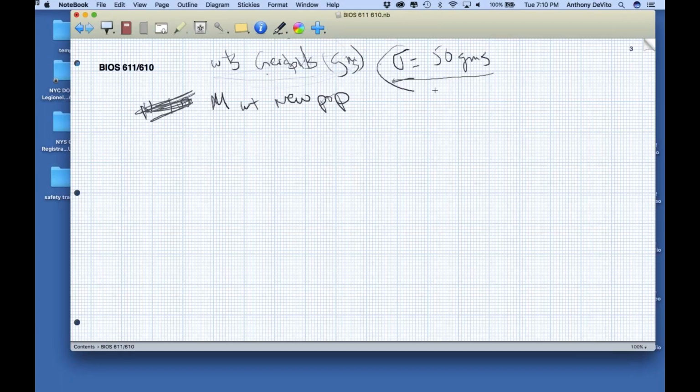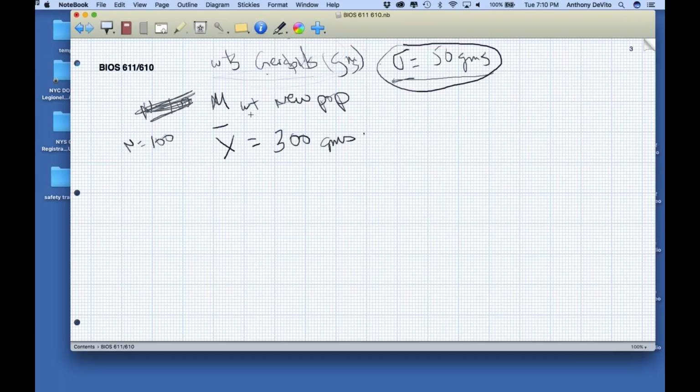Okay, and I'm willing to assume that we know the standard deviation from previous studies. Let's say I take a sample of size 100 from this new population, and it turns out that my mean for my sample of size 100 is equal to, I'm going to say, 300 grams.